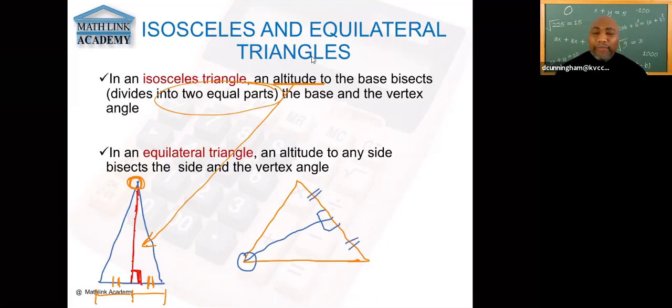It doesn't matter which vertex you use for an equilateral triangle, going down to the opposite side gives you those two equal sides back and forth. So this equals from there to there. That's basically what this property is saying. Let's put this property into practice with an example.